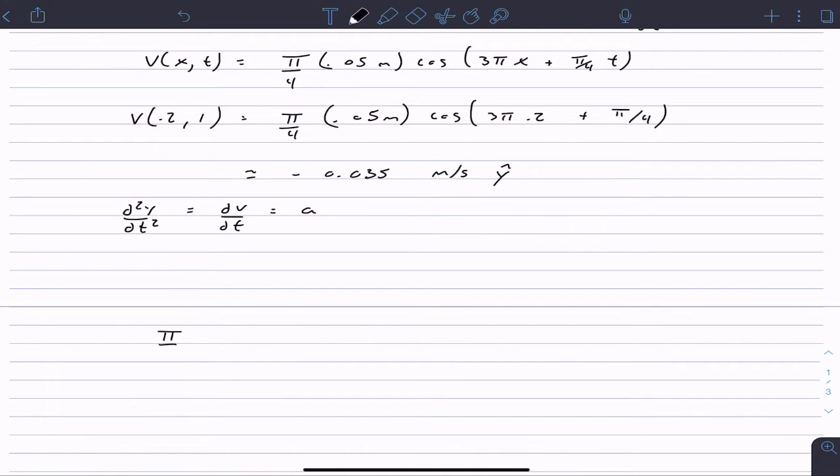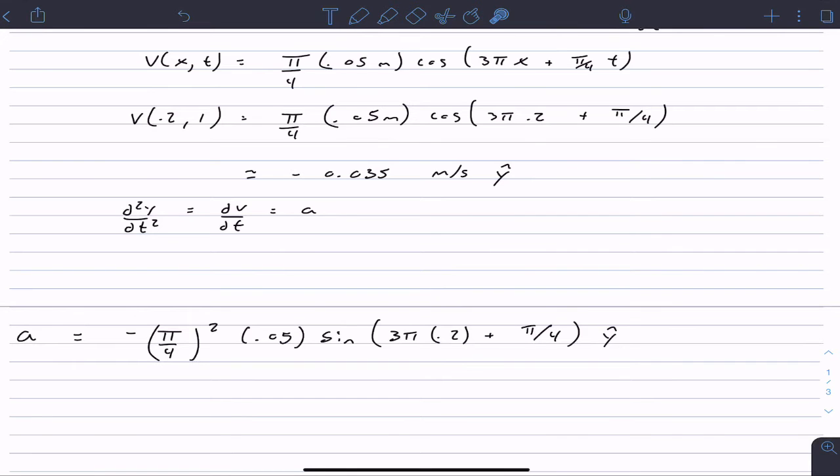We're going to have pi over 4 squared. This is also going to be negative because we're taking the derivative of a positive cosine function. So a is equal to negative pi over 4, all squared, times 0.05 sine of 3 pi times 0.2 plus pi over 4. This is in the y hat direction.